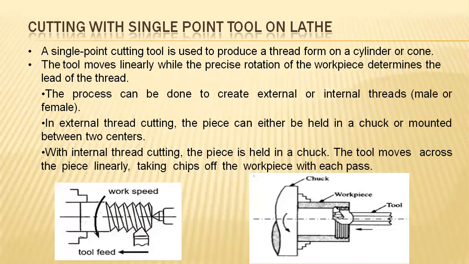Coming to the cutting with a single point tool over the lathe machine. A single tool which is fixed in the tool post is moved over the work part which is fixed in the chuck, particularly a cylindrical or conical object, and this tool is moved across the workpiece linearly for a particular length.